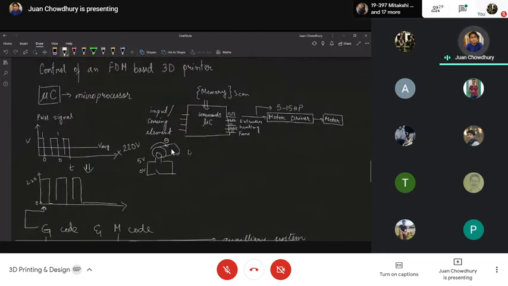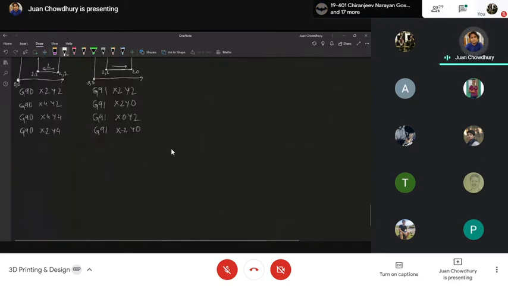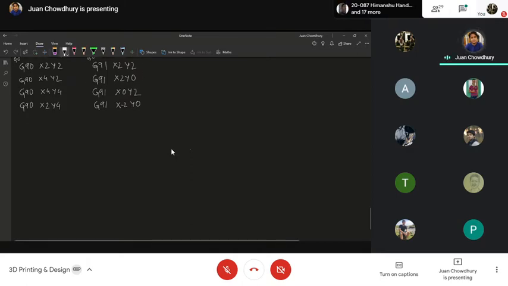This process of converting to G code and M code is pretty fundamental, except in the case of SLA and SLS, where we not only need to control certain stages, but we are working with galvanometers, which cause linear displacements. Further, we establish some protocols. So what are the protocols?